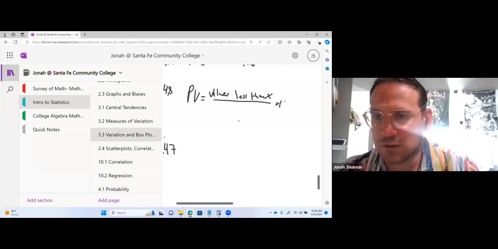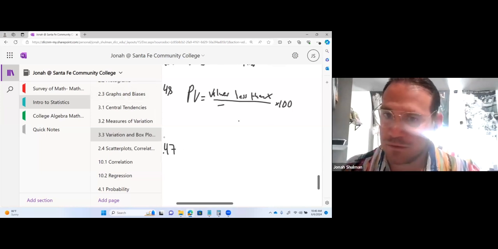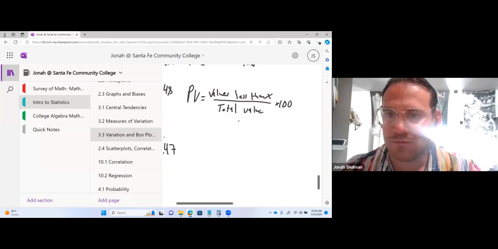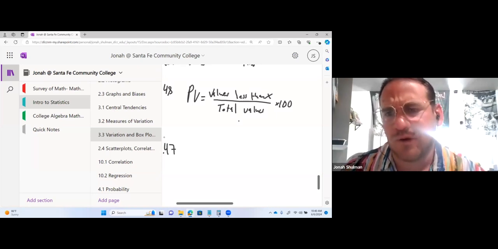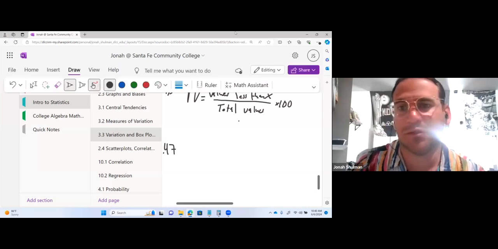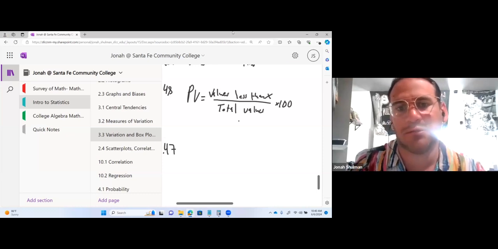I'm pretty sure it's got to be the total values because it's a percentile. Now you can make this K or L for location. I forgot what the random letters were, but you can use whatever letters you want. This is what I'm going to do.